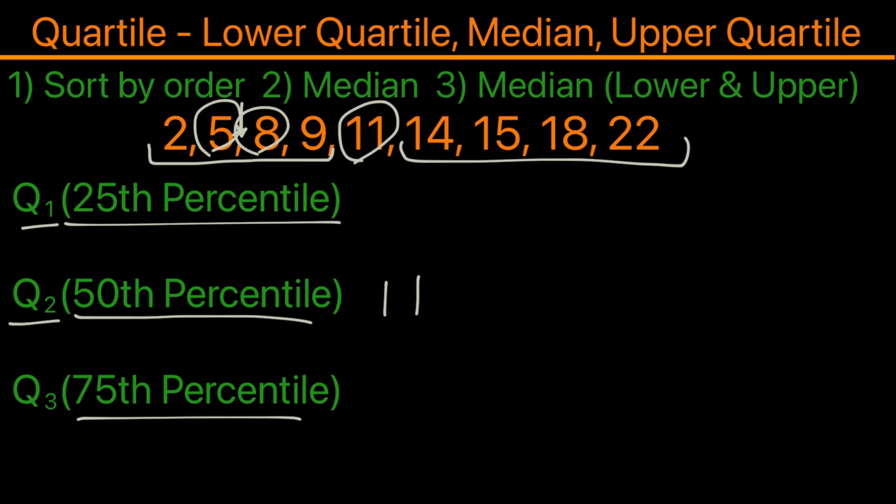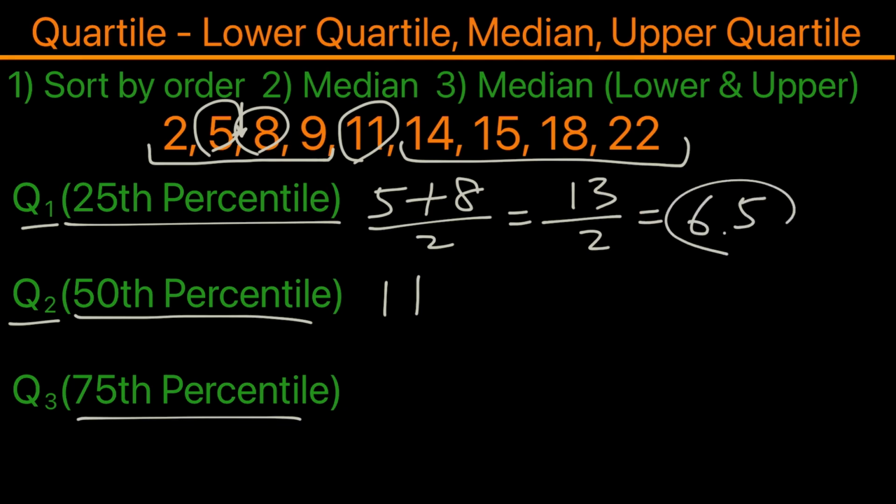That would be the median of the lower half. So we take 5 plus 8, divide by 2 for the average. 5 plus 8 is 13 over 2, and that becomes 6.5. So that would be the lower quartile for this data set.